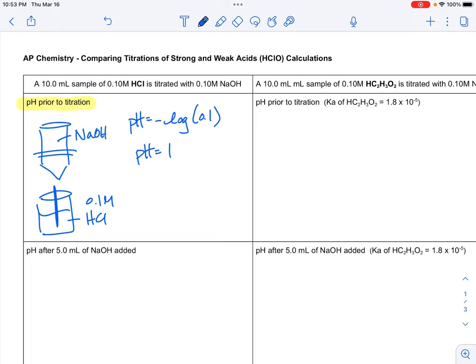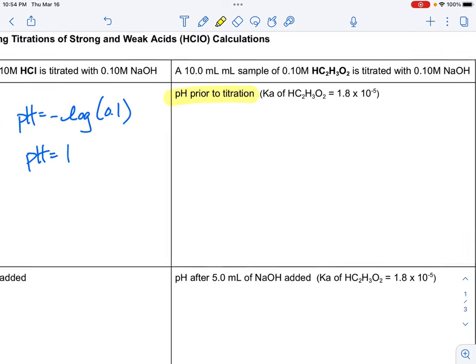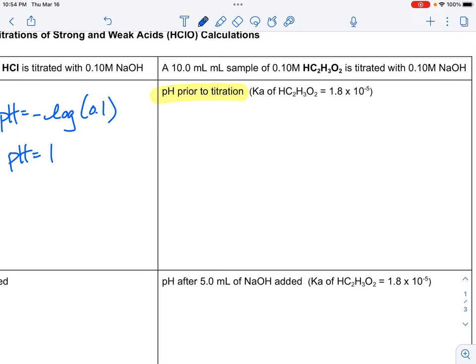Okay. In contrast, when we look at prior to titration with our weak acid, our acetic acid, weak acids don't fully dissociate, and so we need to look at an equilibrium system, and so we need to make an ICE table or even a RICE table. All right, so we would have our acetic acid.